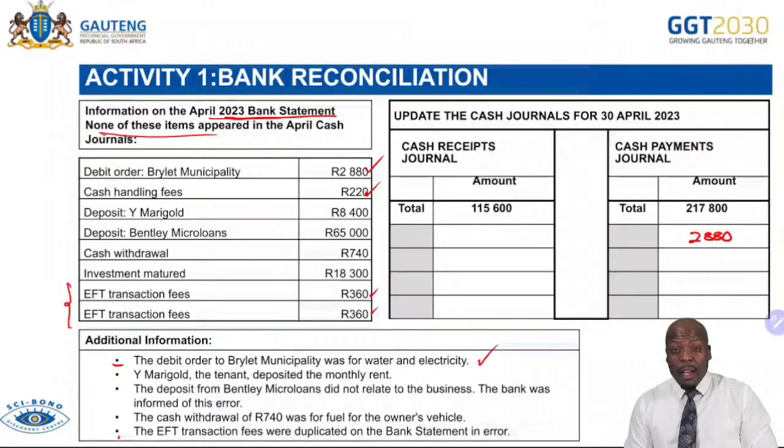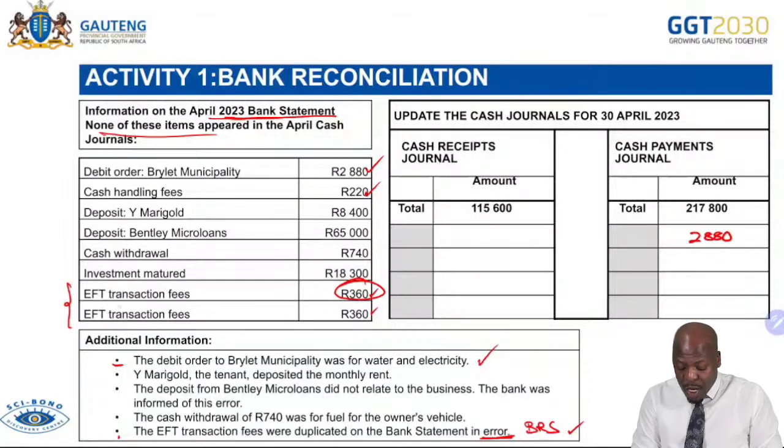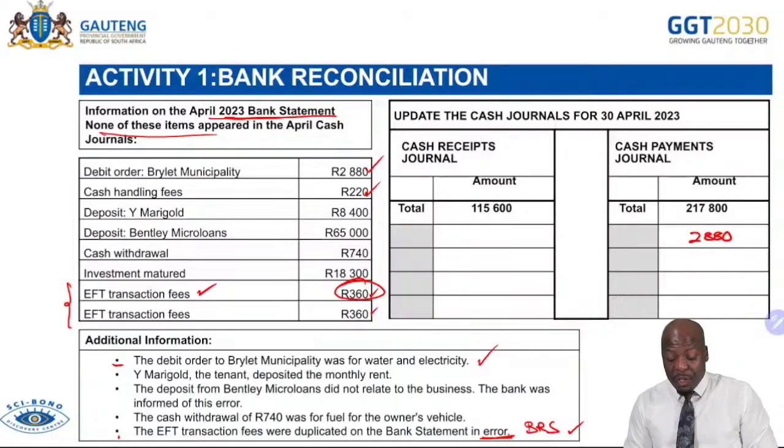Okay. So that means on the bank statement, they recorded them twice, but we should be having only one, that is the 360. What it means is when I'm recording in my journals, I will take only one of these. Okay. And if there is an error, we know that errors are corrected in the BRS. So we're going to go and correct the error that is on the bank statement in the BRS. However, we should record our EFT transaction fees.